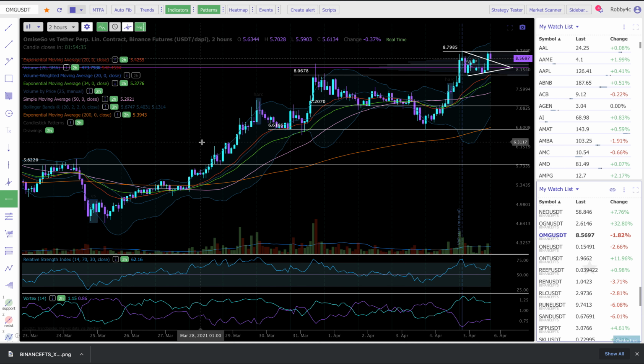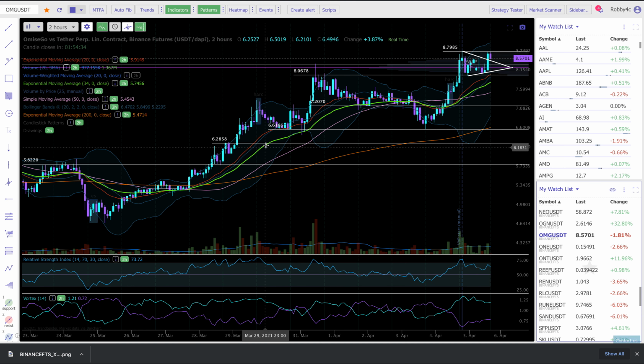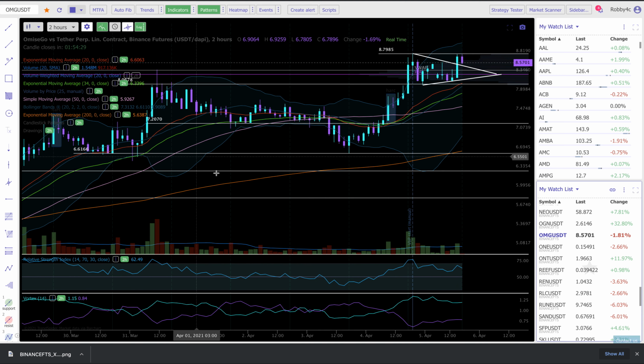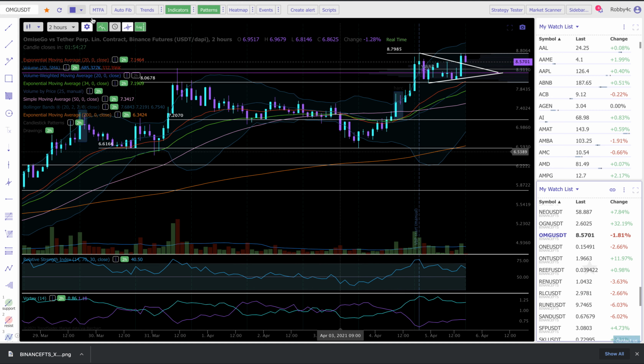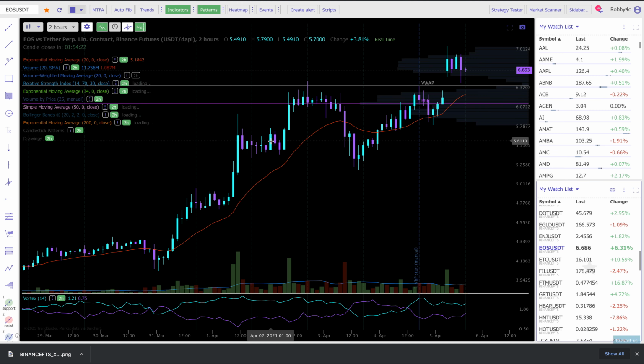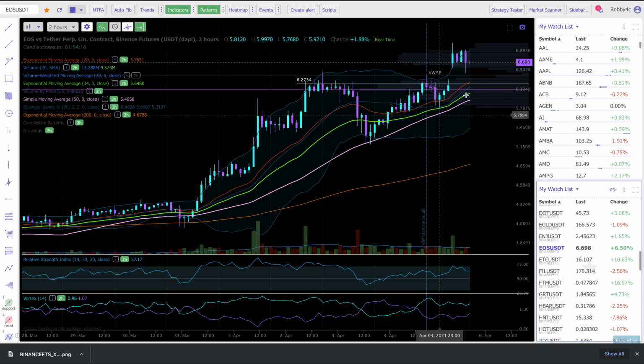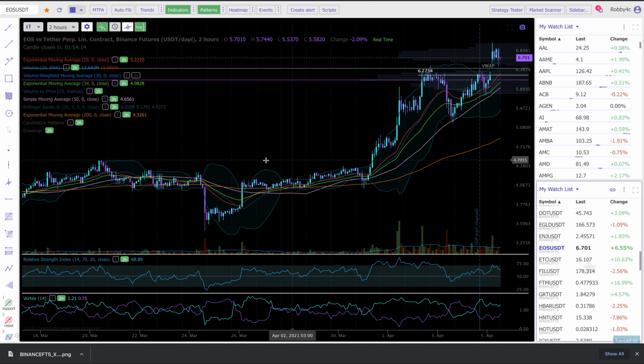I typically do the bodies of the candle, not the wicks, but you can load your charts up with support and resistance. Some will be stronger than others, but it is very important to be doing this and making sure that you know all of the support and resistance levels. You need to know where you're trading, where you're going to be taking profits, and if you're not using Fibonacci's, then this is the most important thing that you could be doing.